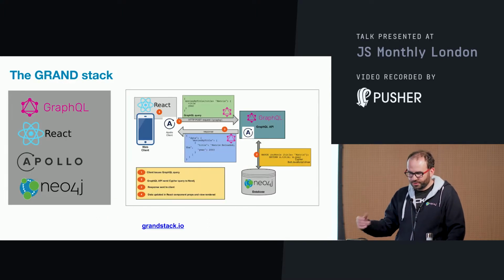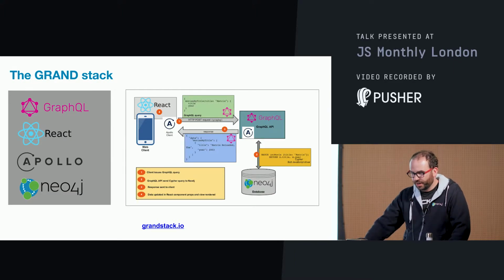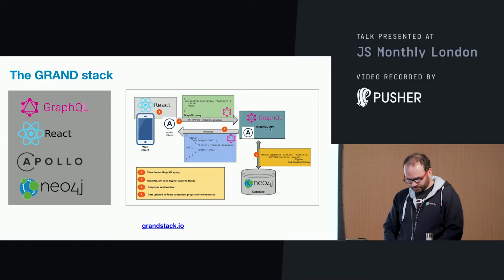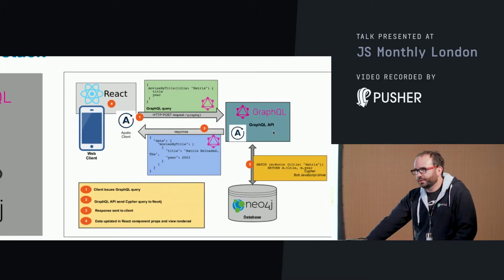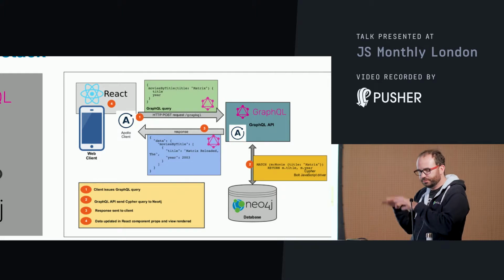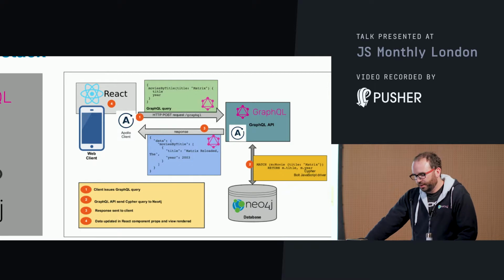Okay, so with that application in mind, how do the pieces of the GRANDstack fit together? Well, we have React on the front end. The user types in their movie, A River Runs Through It, hits search, and the Apollo client integration, in this case, sends a GraphQL query to our GraphQL service.